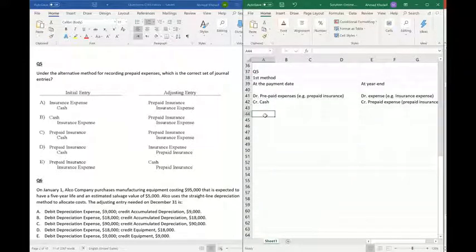Now the alternative method, or the second method. In the alternative method, we start here with recognizing all the amounts that the company paid as expenses. So the debit side is expense, or for example here insurance expense, and the credit is cash.